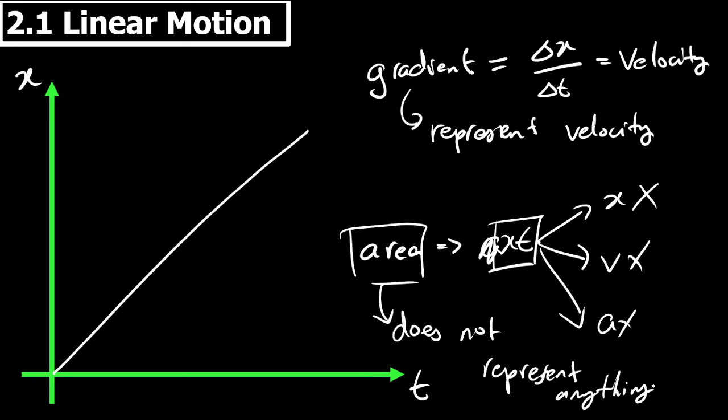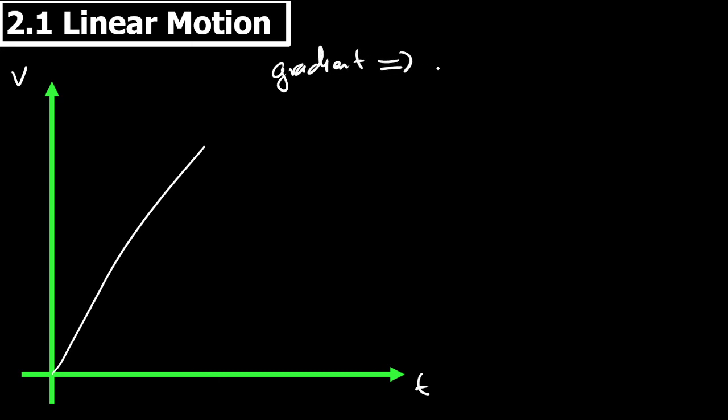Okay, so next, let's look at VT graph. Again, I have a straight line. The gradient will be V over T, or delta V over delta T, and this is actually acceleration. So the gradient of the VT graph represents the acceleration.